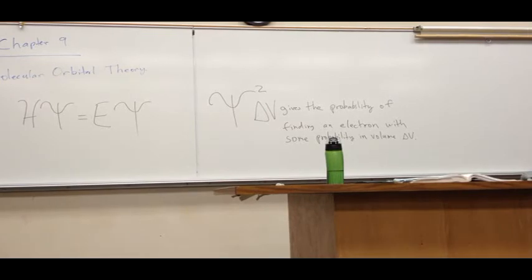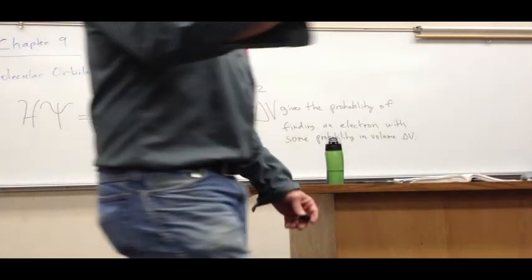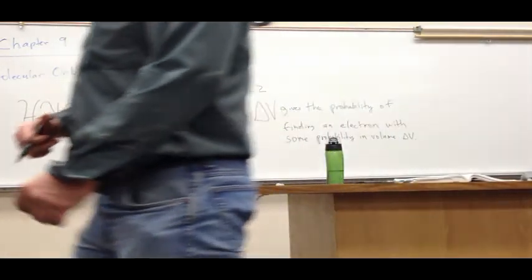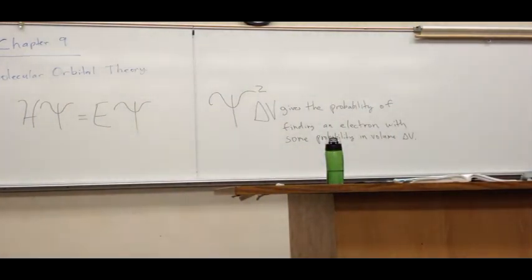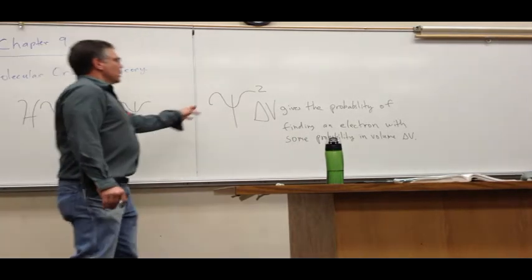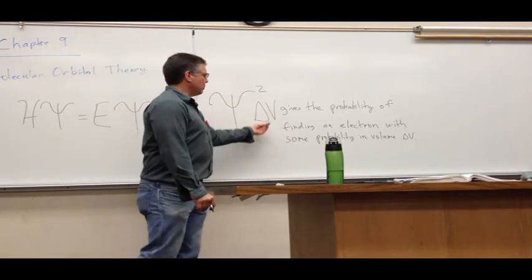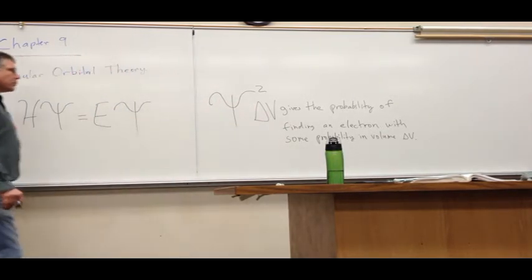You can't say for sure where that electron is, but with, say, a 99% probability, psi squared times delta V, which is the volume, gives us the probability of finding that electron. With 99% probability we'll find that electron.